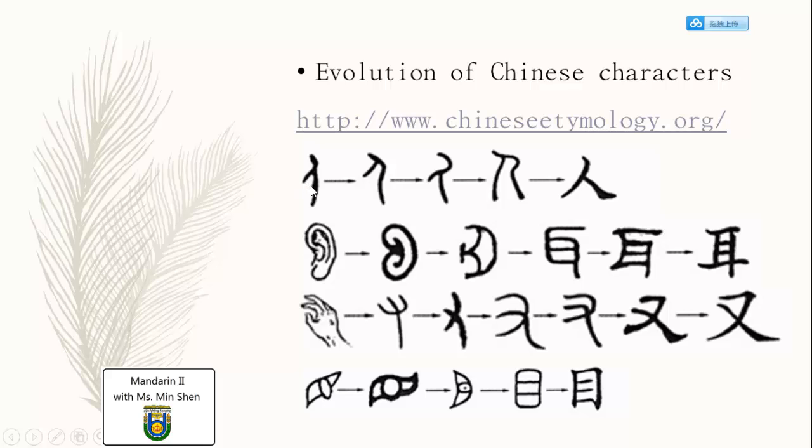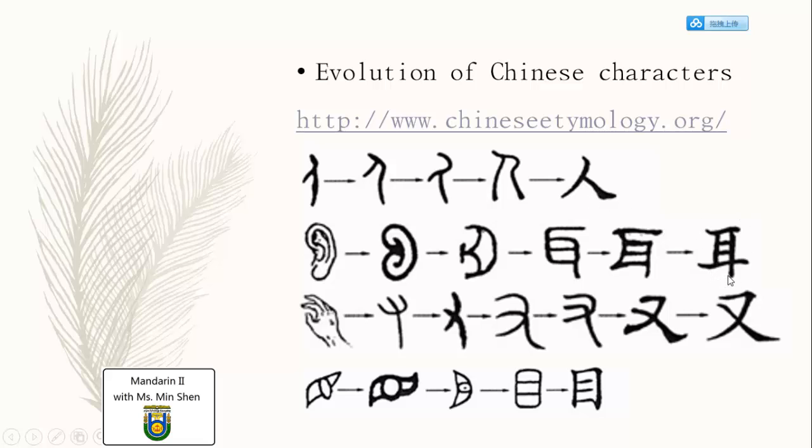And from generation to generation, the forms have changed until today's squared, balanced form, 人. So this character still shows the same meaning as the original picture. It means people, person, human being.